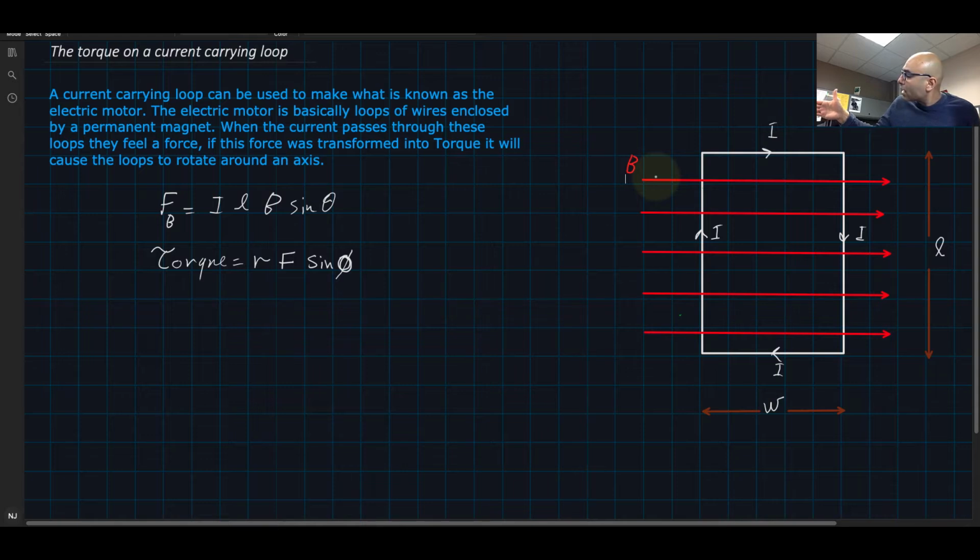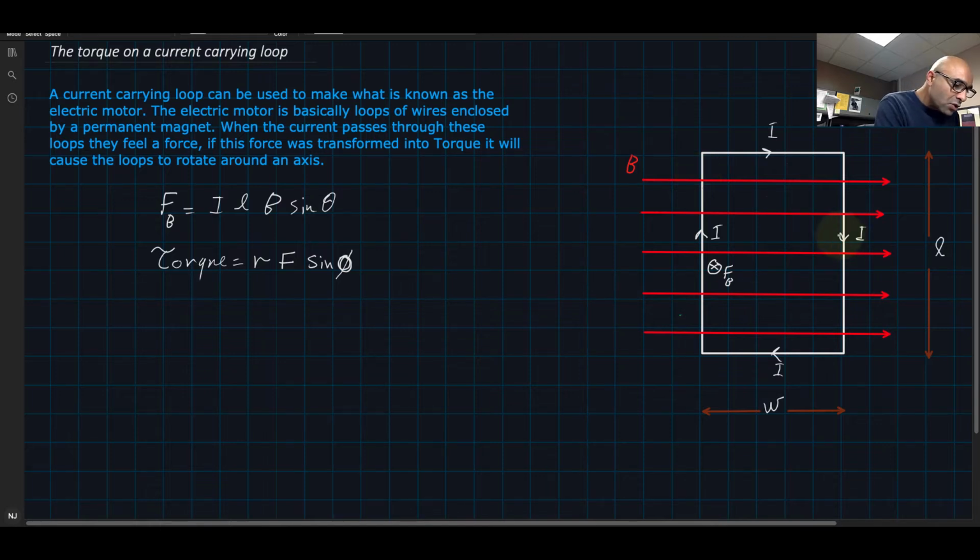And as you can see, the current is my thumb, like this. Magnetic field, current. So the force of the magnetic field will be the palm of my hand, and that's going into the page. That's the force on the left side of the loop going into the page.